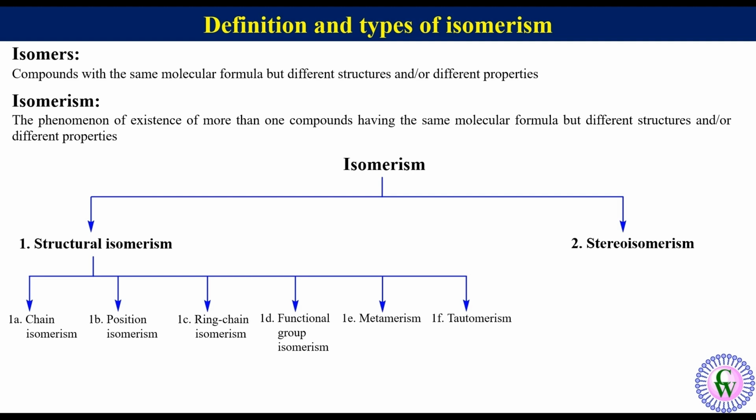Stereoisomerism is divided into 2 subtypes: geometrical isomerism and optical isomerism. Now we will go into details.